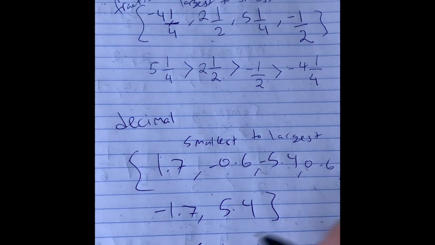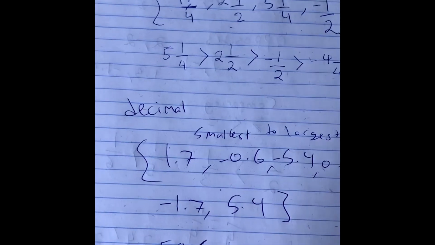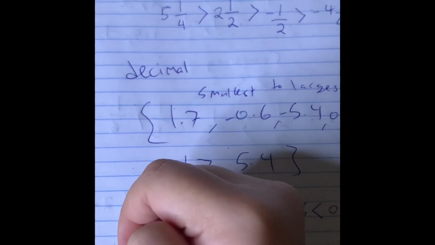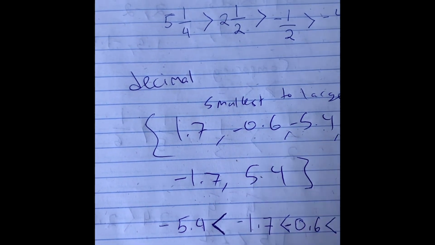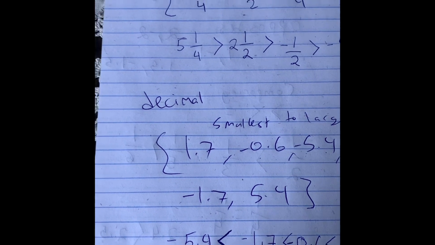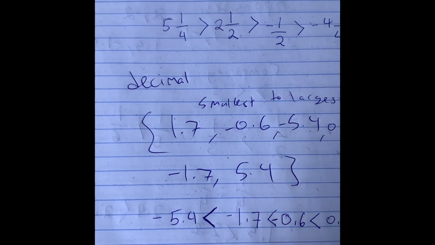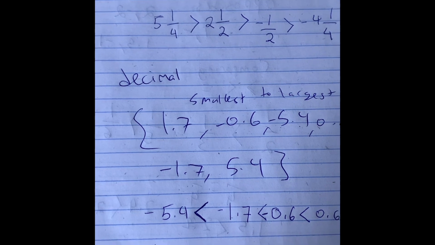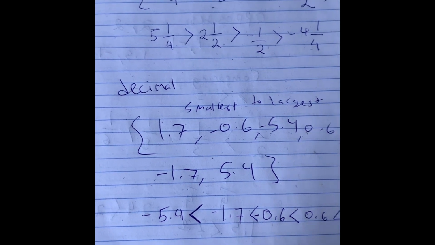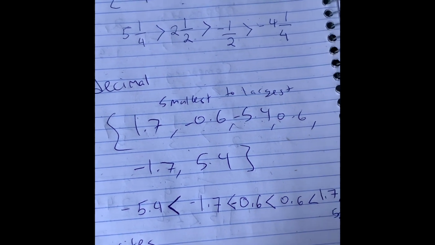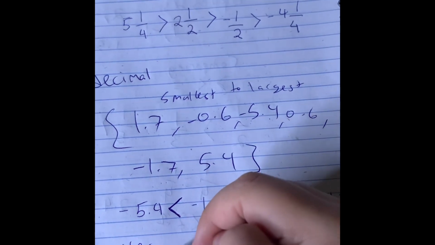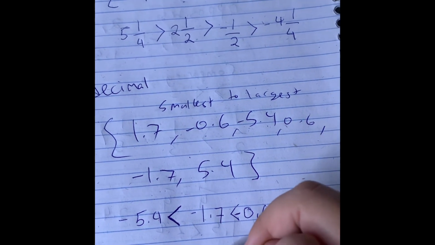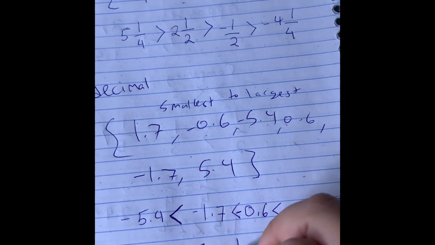Now there's another question asking about the opposite. So the opposite is the same number, however, it is in the negative form. So which of these are opposites? It would be 1.7 and negative 1.7.